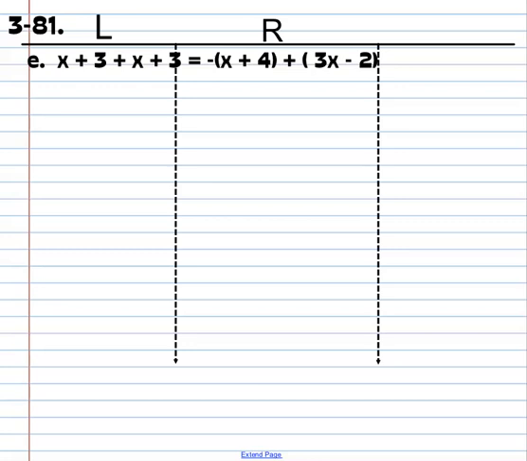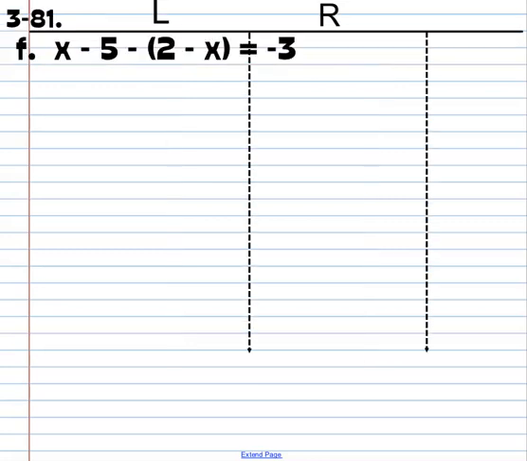That's because the left side and the right side, the x's disappear again, and you're left with two numbers that are not going to be the same. And then look at F. This is the final one for 3-81. Did you get x equals 2, or 2 equals x? If you did, great job. You're getting to be really good at these.